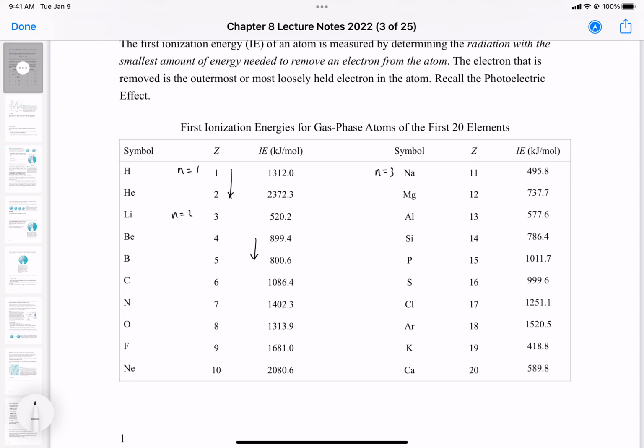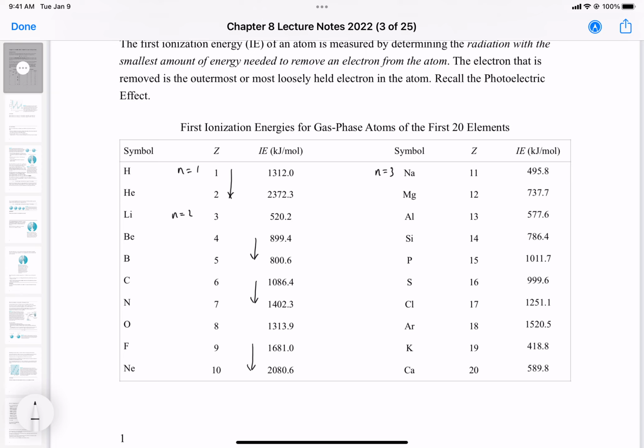Okay, but you see here as we keep going forward, there is generally an increase, but there's also a gap right here for oxygen. And then, generally speaking, if we go down all the way to neon, it generally increases.